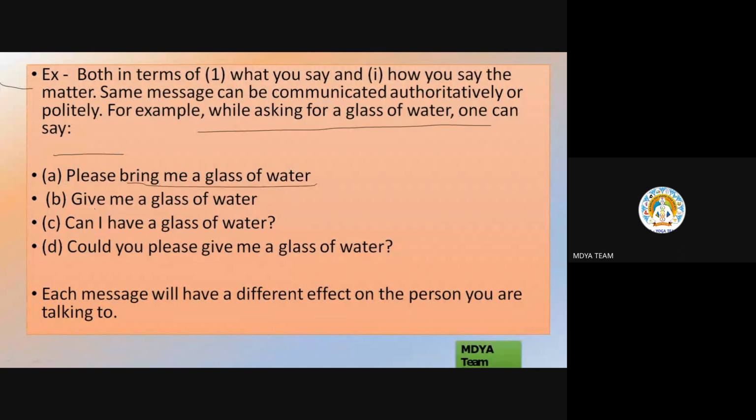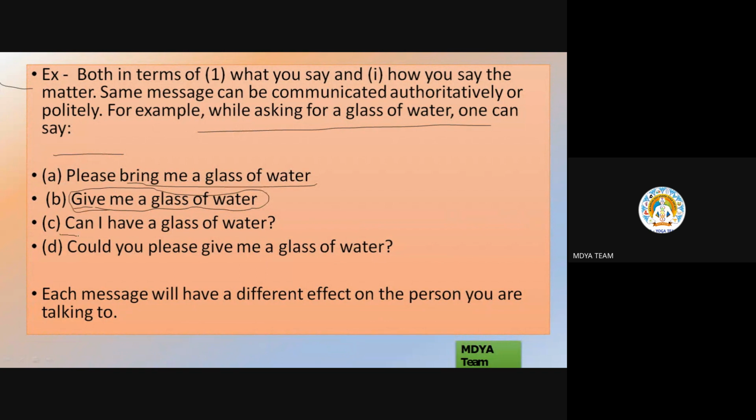Then, "Give me a glass of water." This seems more commanding. If you use this with a stranger, it will sound a little rude. But if you use the same sentence with your friend or your younger brother or sister, it will sound okay, not rude. So it has different contexts.